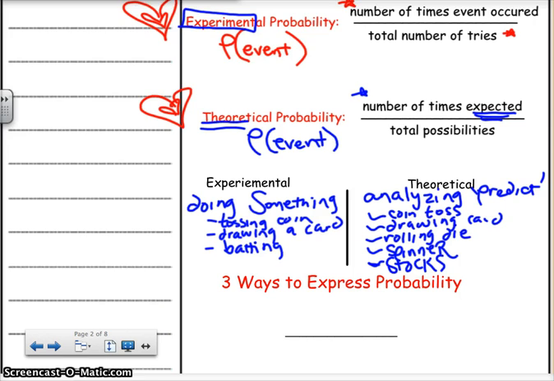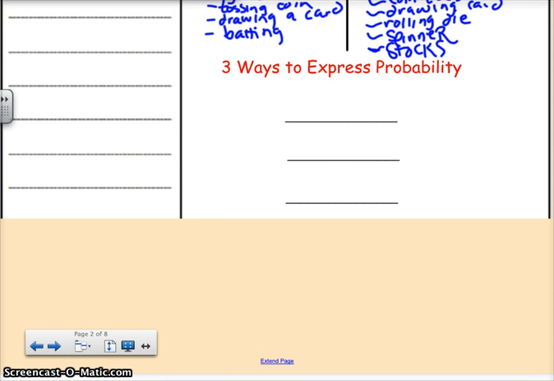3 ways to express probability. What do you think are the 3 ways? Think pair share. One of them? Fraction. Fraction is a way to express probability. Absolutely. The probability of an event is equal to some kind of fraction. Decimal is another way.